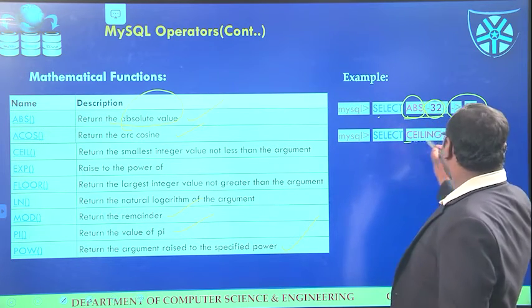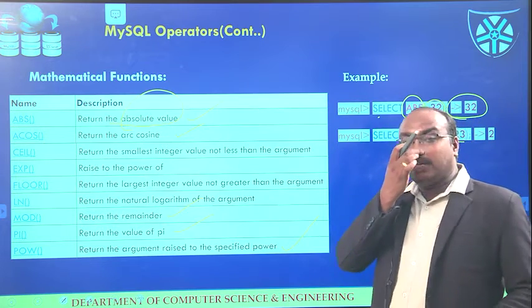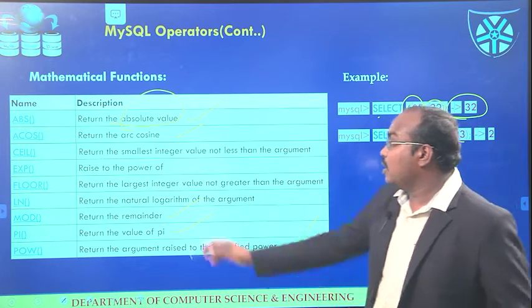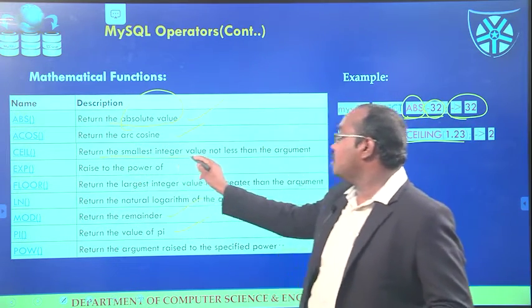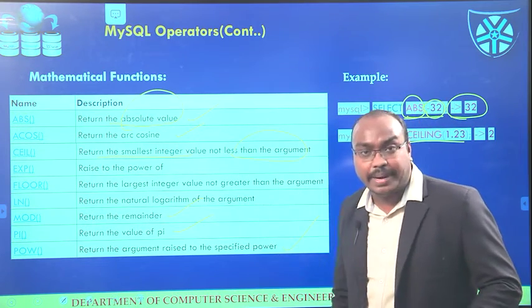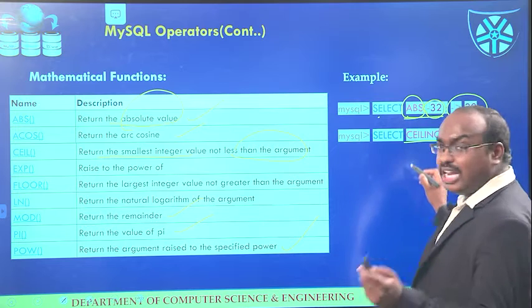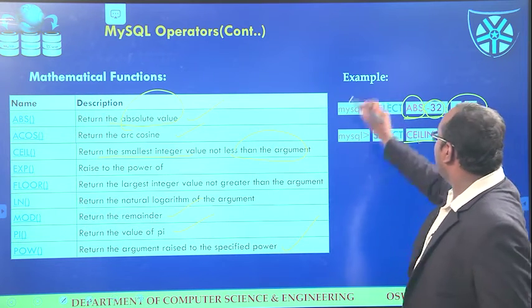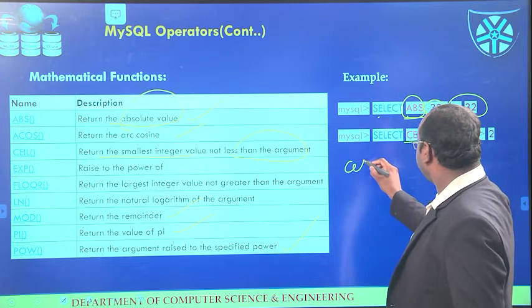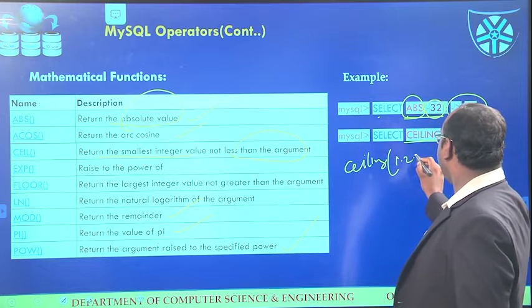And the next one, select ceiling of 1.23. What is the purpose of the ceiling function? It returns the smallest integer value not less than the argument. In the ceiling function, we declare ceiling of 1.23.